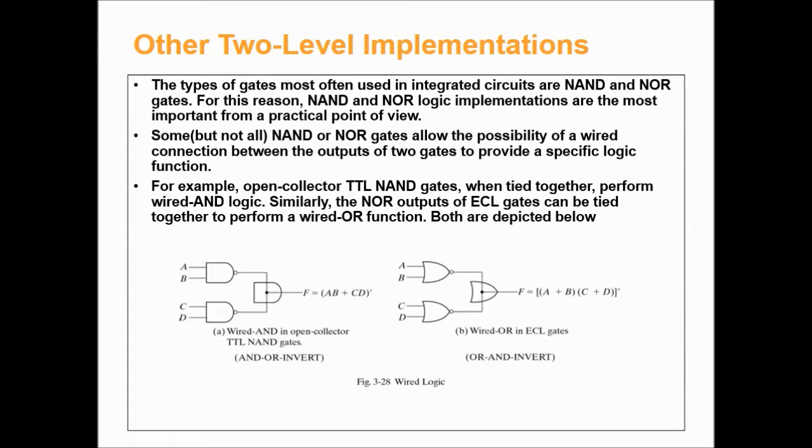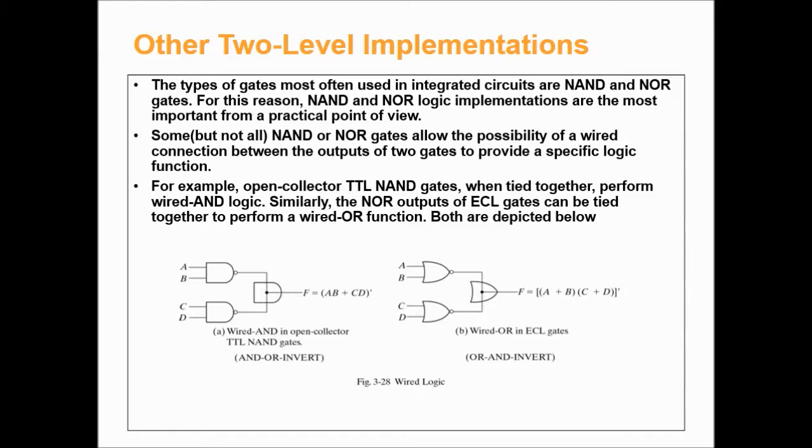Some, but not all, NAND or NOR gates allow the possibility of a wired connection between the outputs of two gates to provide a specific logic function. This type of logic is called wired logic.